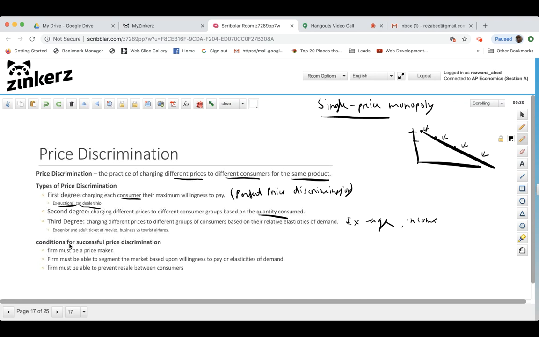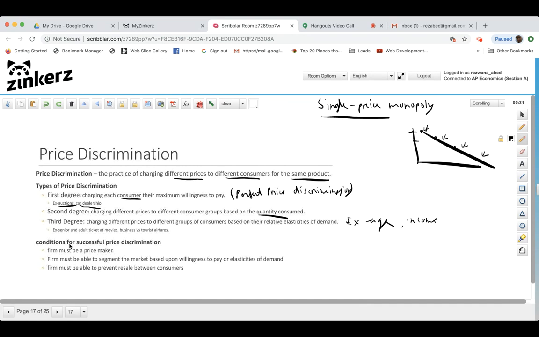And also, if you're thinking about airfare, business people versus tourists pay a very different price, because tourists usually book their tickets way in advance, and they're likely to get a lower price. Whereas if you're a businessman traveling, sometimes you're booking your ticket the night before.